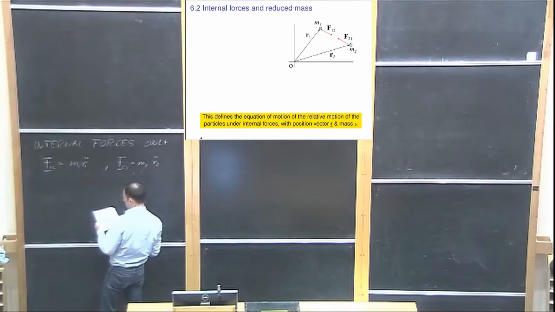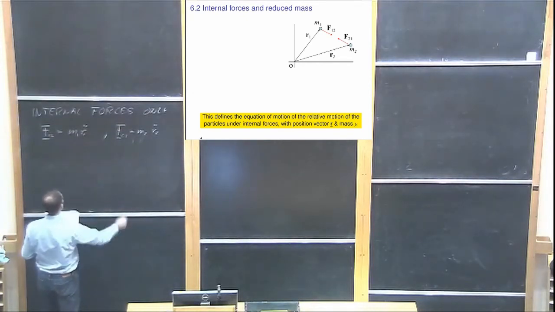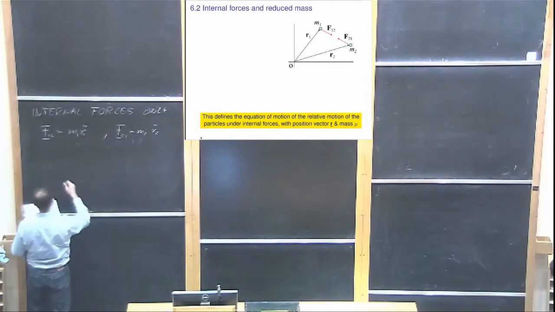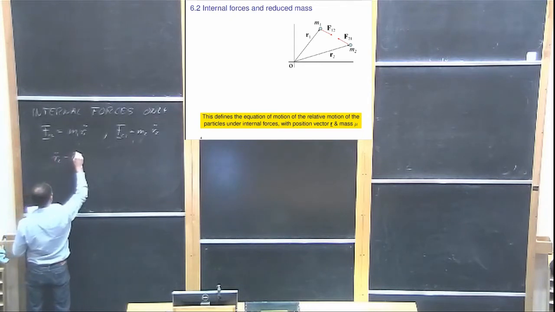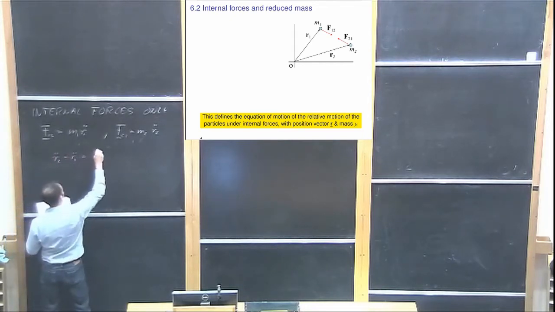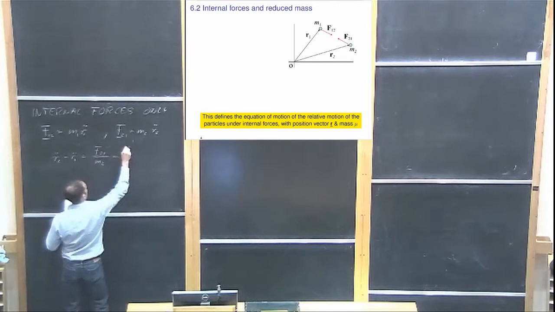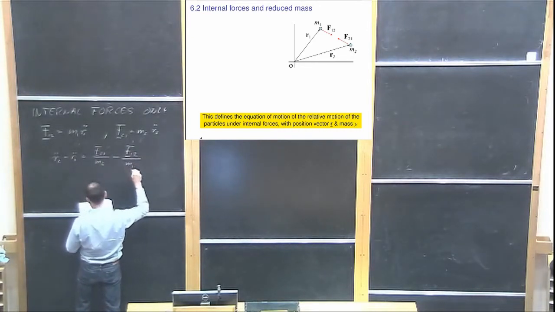So this is what we have as basic. If I subtract both of them, I get r2 double dot minus r1 double dot equals F21 over m2 minus F12 over m1.